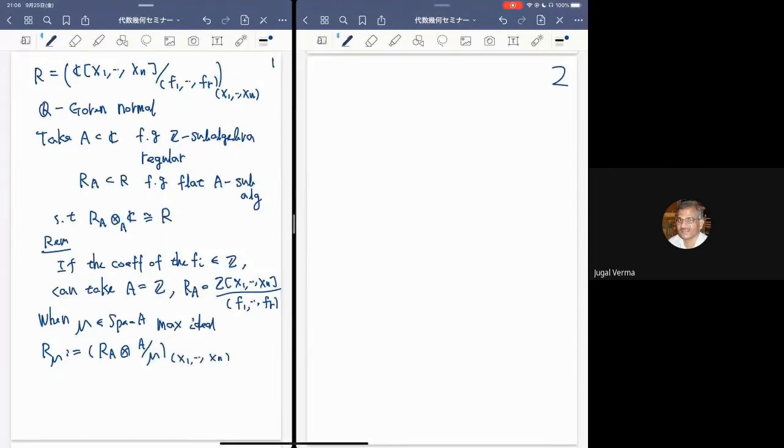Since A is a finitely generated Z-algebra, A over mu is a finite field. So R_mu is a ring of positive characteristic.